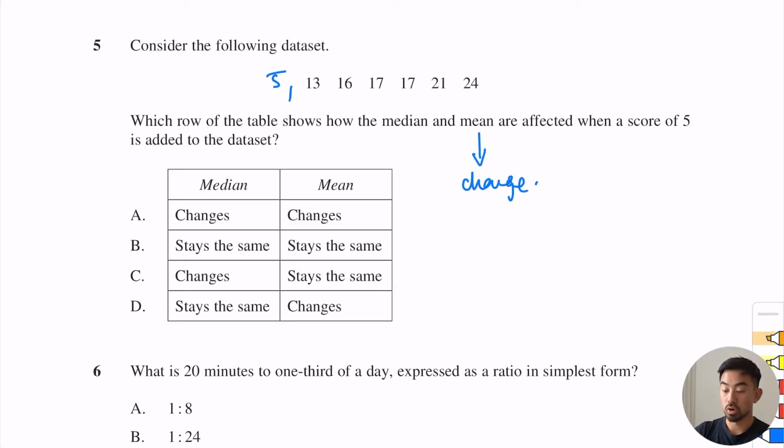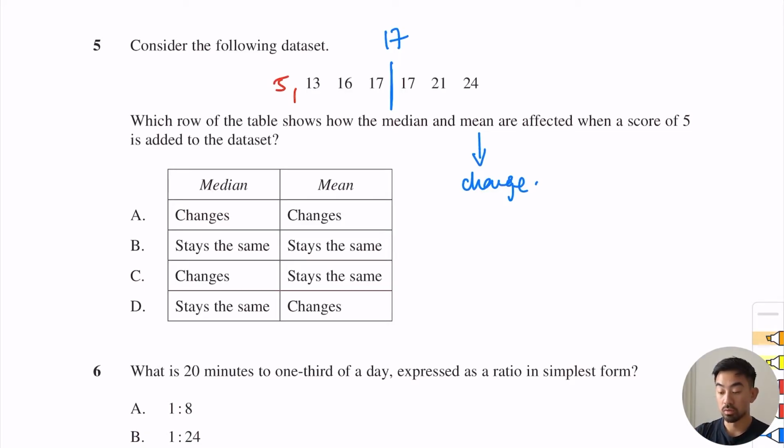Now for the median. So without the 5, ignoring that for a second, what is the median? So the median is the middle number, and if I look at my data set, I think it's going to be in between 17 and 17. Now if it's in between two numbers, it's going to be the average of those two numbers, which happens to also be 17. Okay, so what happens if I add a 5 to the end? Well, if I add a 5 to the end, my median is going to shift to the left. But does that change anything?